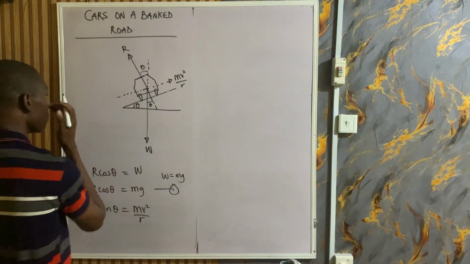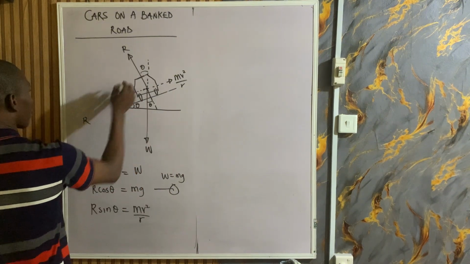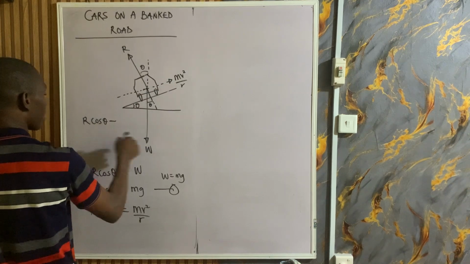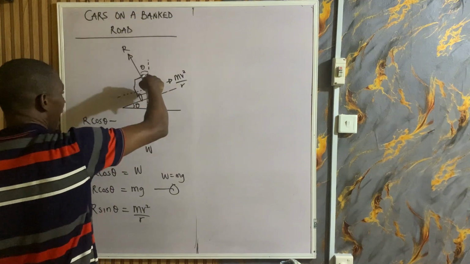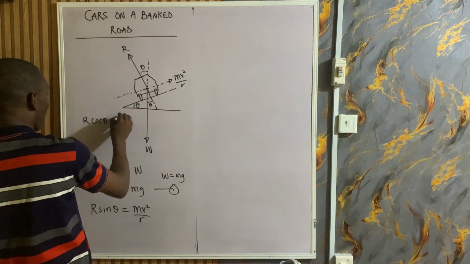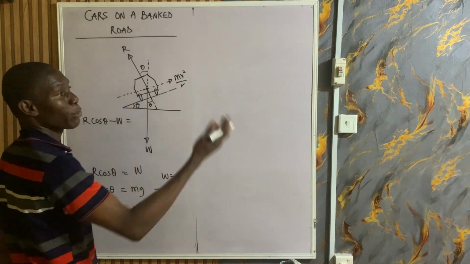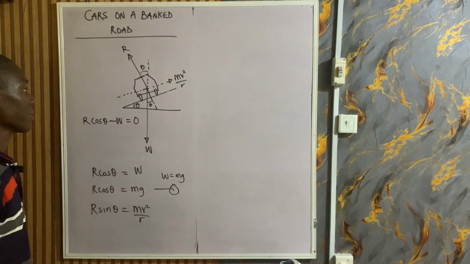So let me explain. At the end of the day, I said R cos theta minus W. R cos theta is pointing upward, and the weight is acting downward, equal to, at the end of the day, the body will not accelerate because it's at equilibrium, equal to 0. And that's how we got this.